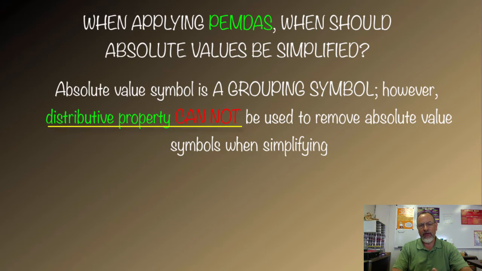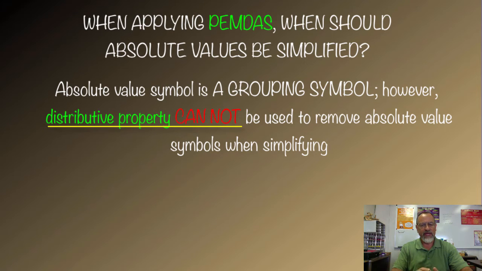You remember, the only way to remove a parentheses or a bracket in an algebraic expression is to apply the distributive property. And that's pretty much true with those grouping symbols. But the absolute value, you cannot use the distributive property to remove those absolute value symbols.